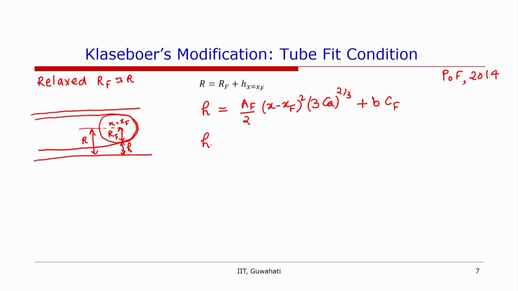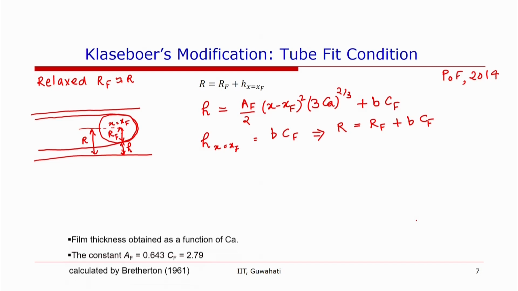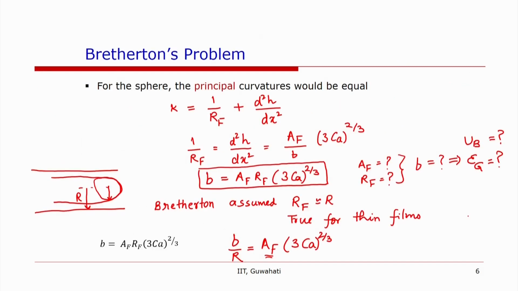So at x is equal to xf, we will have h is equal to bcf. So that means R is equal to Rf plus bcf, and from the previous relationship we have B is equal to AF RF 3Ca to the power 2 by 3.